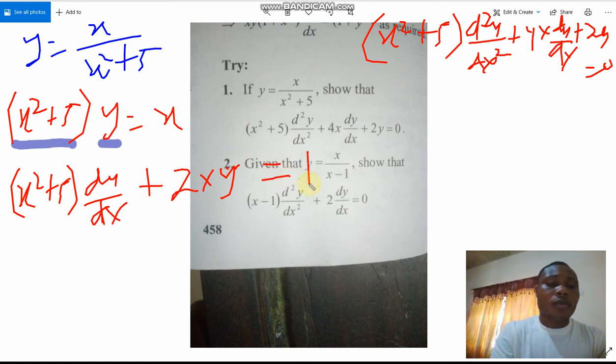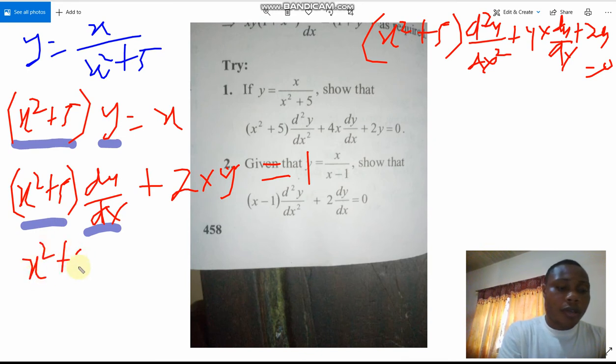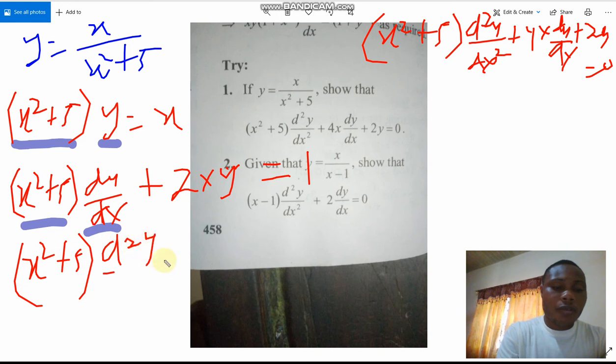So I need the double derivative, so I'll differentiate through again. This one is also a product, so I'm going to maintain it as a product. I will maintain x squared plus 5 and differentiate dy/dx, and I'll get the double derivative of that, plus I'll maintain dy/dx and differentiate the inside.